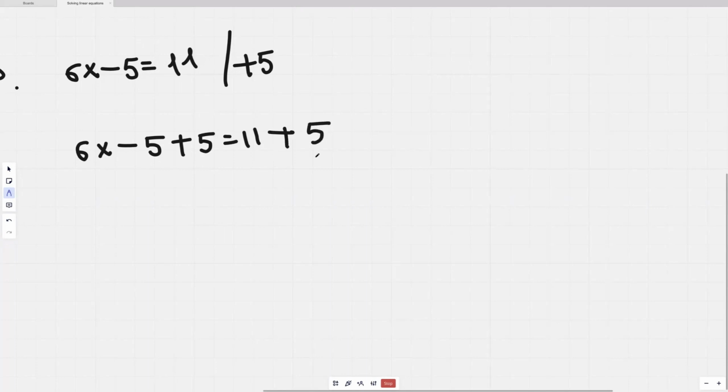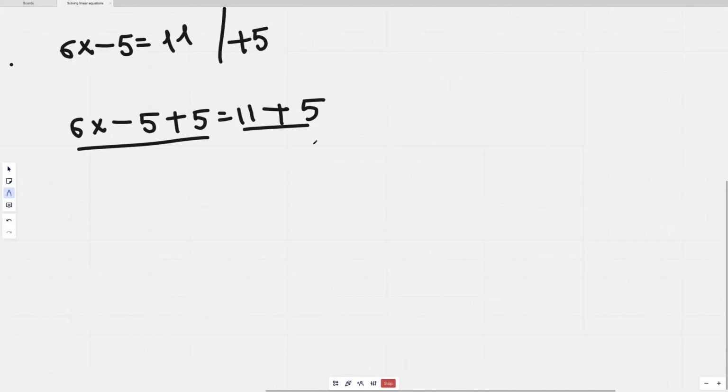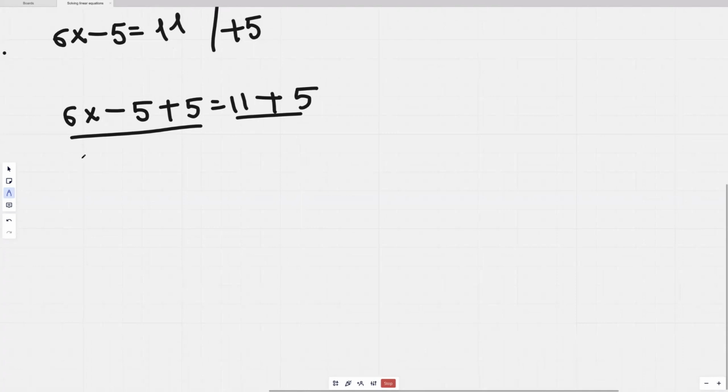Because we are adding the same number to the two sides, there will not be any difference between them. So minus 5 and plus 5 will be equal to 0, but here the plus 5 exists.